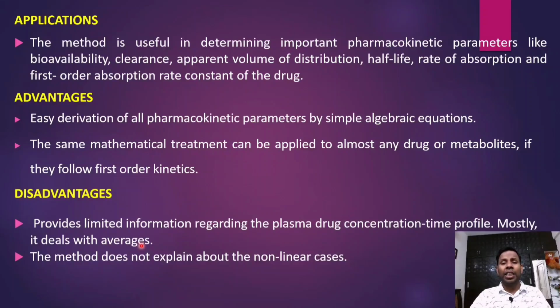Particular exact data we will not get. Then this method does not explain the non-linear cases. As I told, it is valid if the drug follows first order kinetics, meaning linear pharmacokinetics. What about non-linear pharmacokinetics? This non-compartmental analysis does not describe the non-linear cases. So these are the two disadvantages of the non-compartment model.